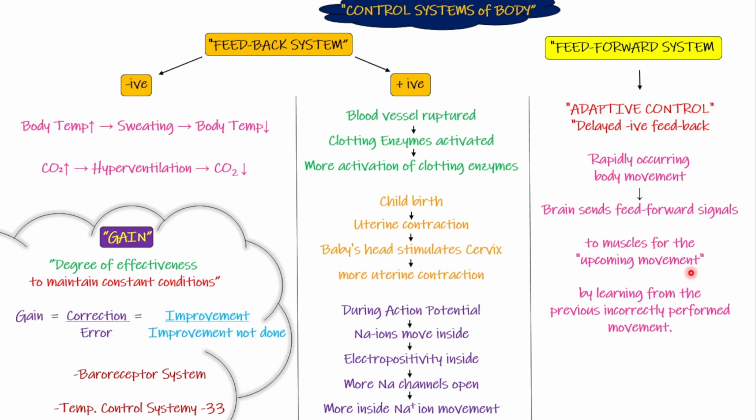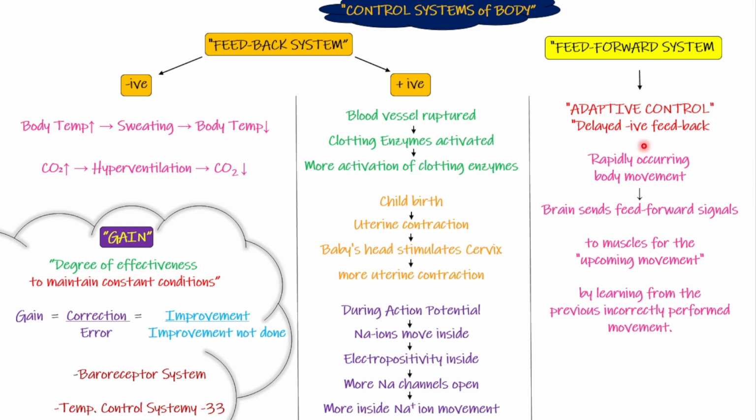The body has learned this from some previously occurred movement, by learning from the previously incorrectly performed movement. Okay, so that's why this is known as delayed negative feedback. Feed forward is also a negative feedback, but this is a delayed response of the negative feedback. Okay? So this example is given in Guyton.